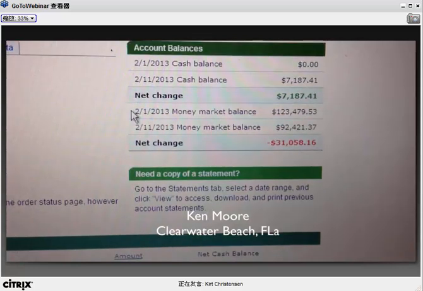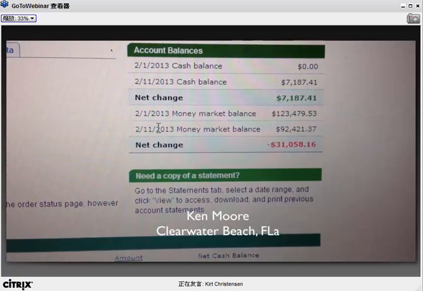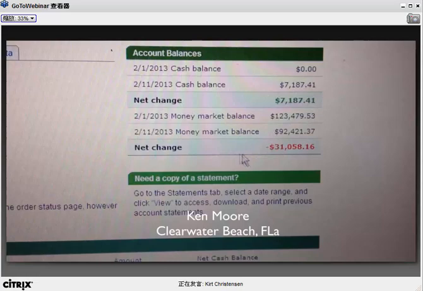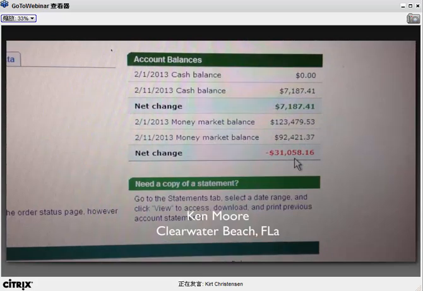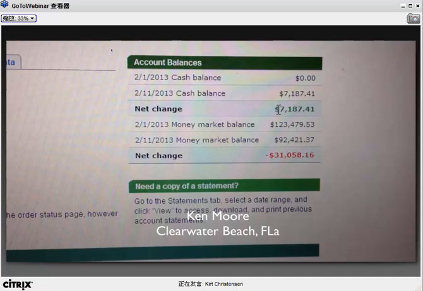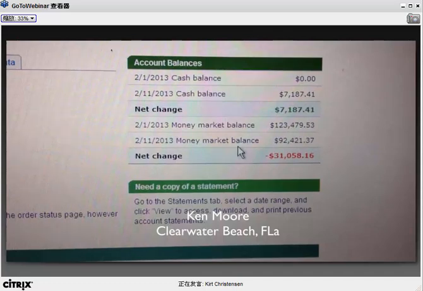What I did was I spent $31,000 on the options that I purchased, and so far it's given me a net positive change of $7,187. And that's approximately 23%.